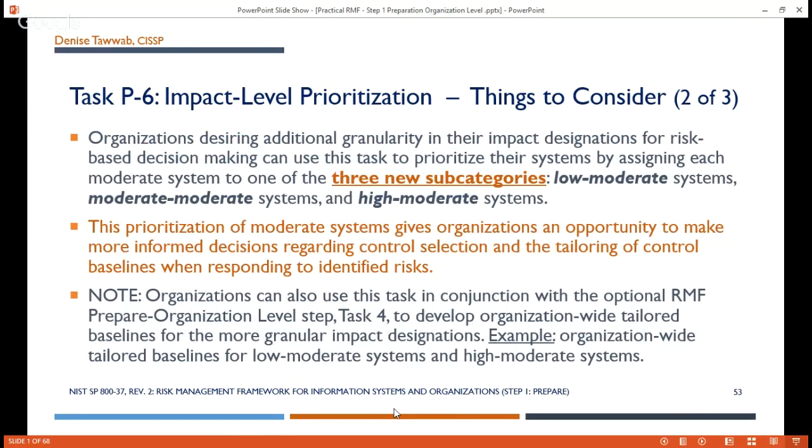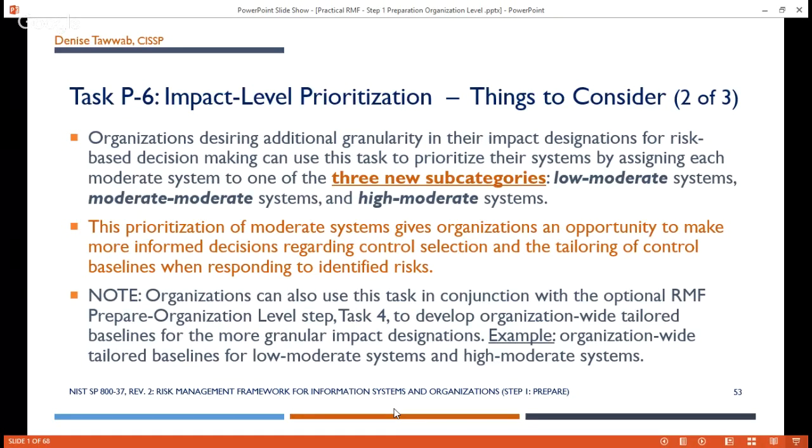If you're desiring additional granularity in your impact designations when you're making your risk-based decisions, then you can use this particular task to prioritize your systems into 3 new subcategories: low moderate systems, moderate systems, and high moderate systems.